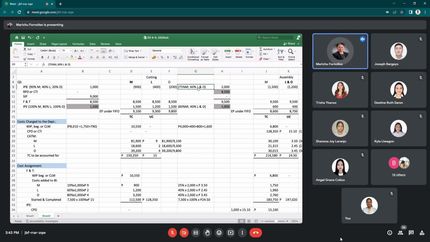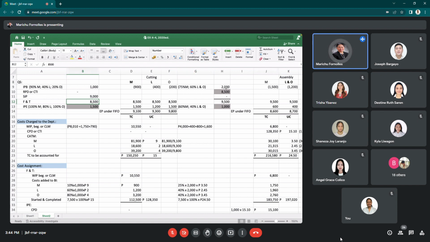Kay pariha raman ang percentage applied to labor and overhead, only one column is provided for the EP computation. Since the percentage applied to materials is different from the percentage applied to L&O, then you provide a separate column for materials. So the RPD ni assembly was the F&T ni cutting, isn't it?